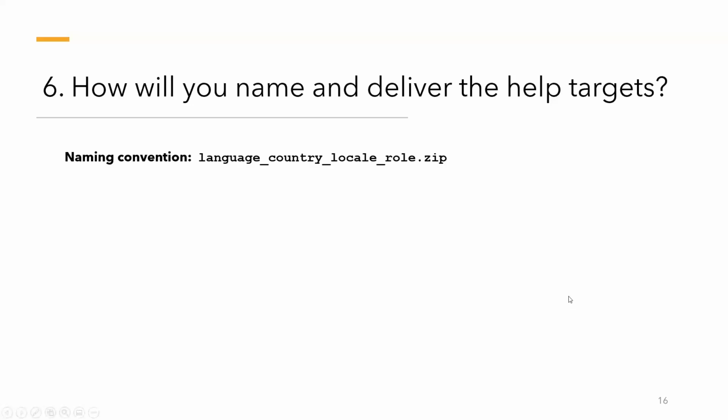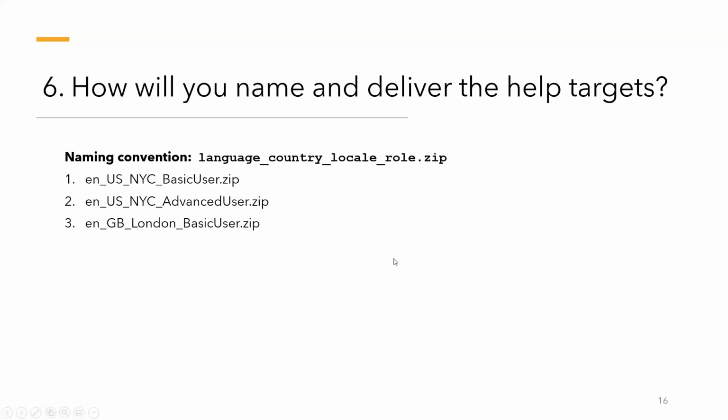So it's essential to have a naming convention for the output help files that you're going to deliver to your software developers, so that it's clear what content is contained in the files. So for both WebSeries and QDirect, the output files are always zipped, for one thing. And the naming convention is language_country_locale_role.